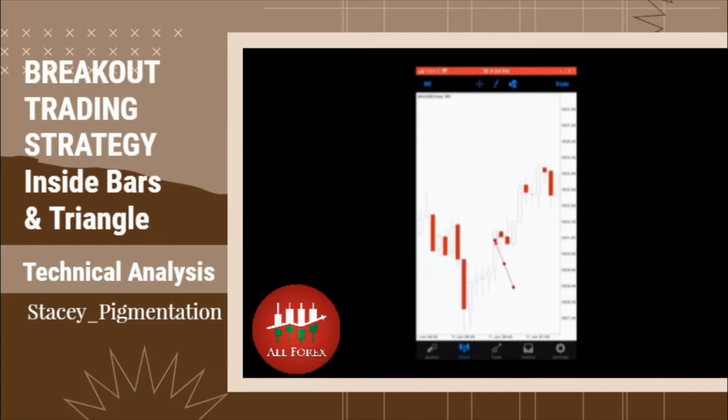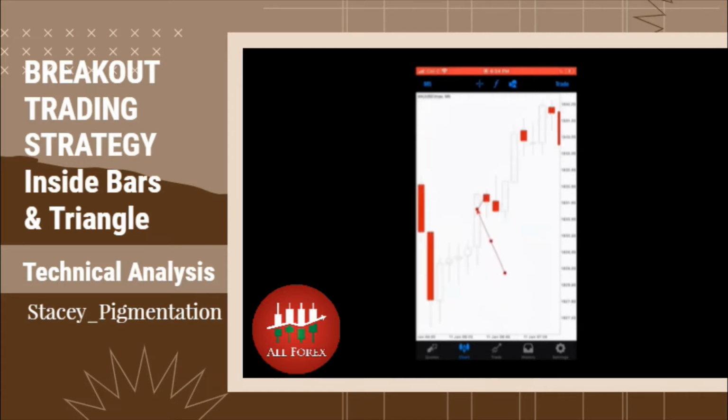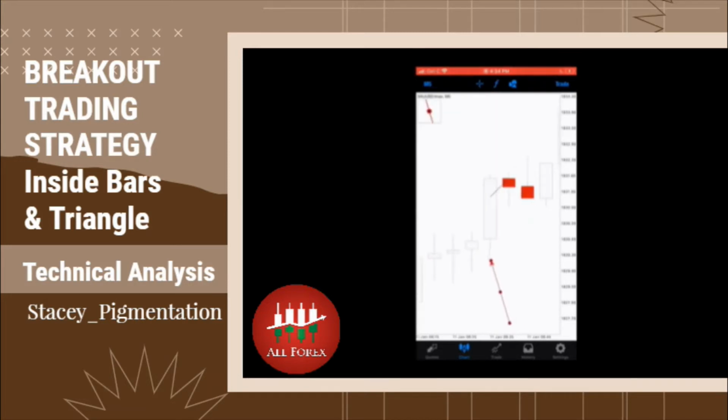When the market is going up, we only identify bullish inside bar patterns. For me to confirm that this is a bullish inside bar pattern, it is because the next candlestick, the opposite one, which is this one, has a body within the low and also within the high of this mother bar candlestick.